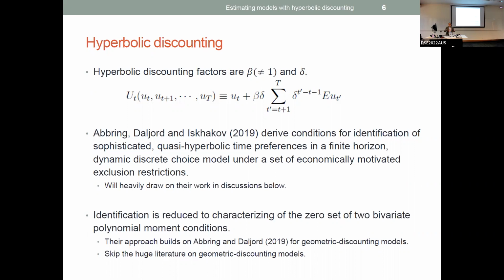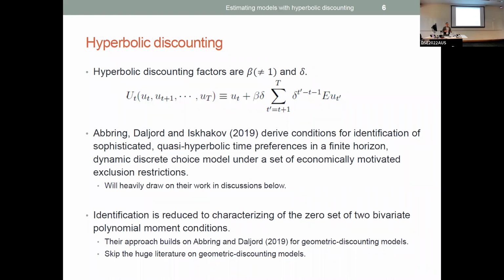Those are the approaches that are more widely used nowadays. The results about identification can be reduced to characterizing the zero set of two bivariate polynomial moment conditions. The backward recursion procedure will result in some moment conditions that are highly nonlinear in these parameters.